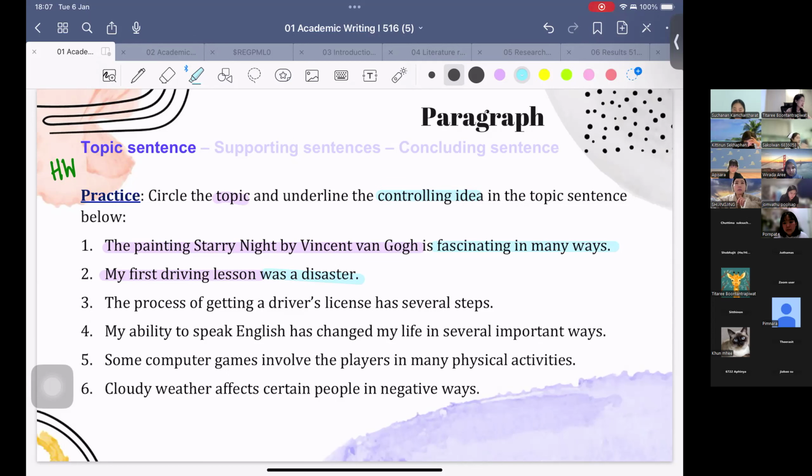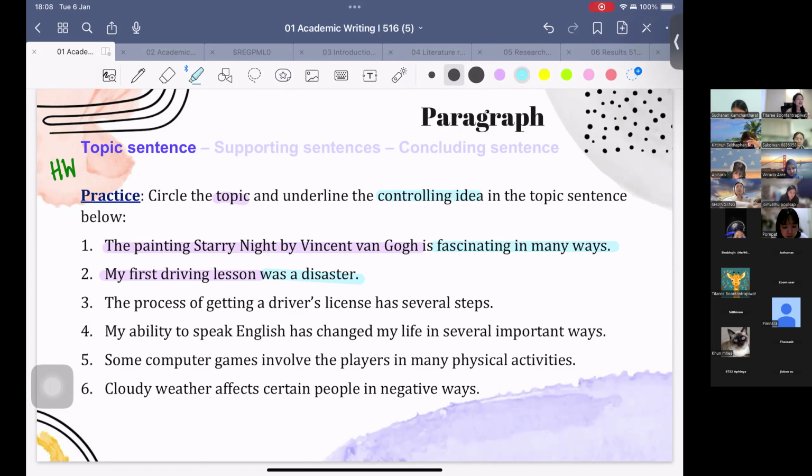Normally we hear the word disaster with natural disaster, like floods, tornado. However, we can use the word disaster to explain when something really bad happened. So in this case, the first driving lesson, oh God, it's bad. It turned out bad. Something is wrong.